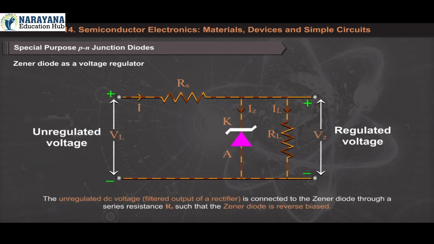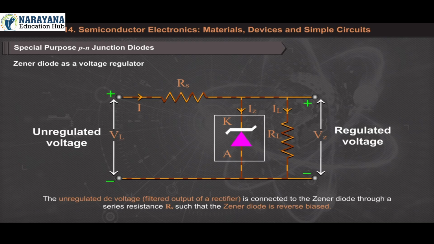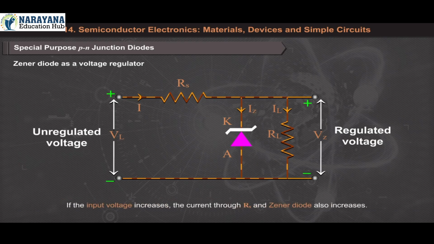The unregulated DC voltage, that is the filtered output of a rectifier, is connected to the Zener diode through a series resistance Rs such that the Zener diode is reverse biased. If the input voltage increases, the current through Rs and Zener diode also increases.